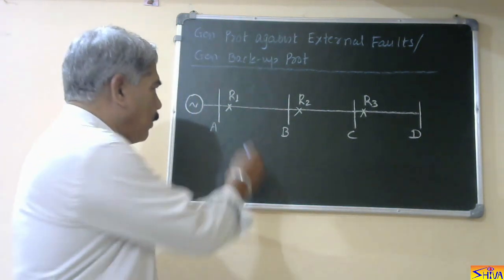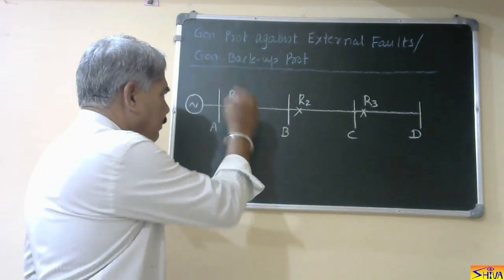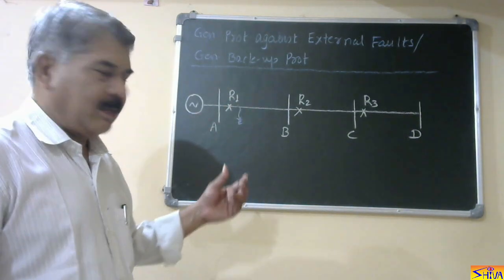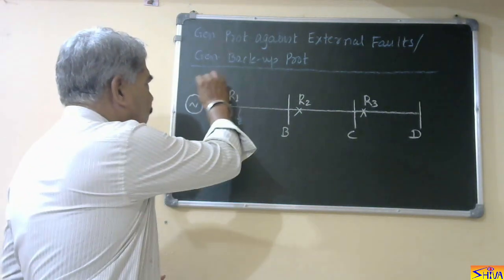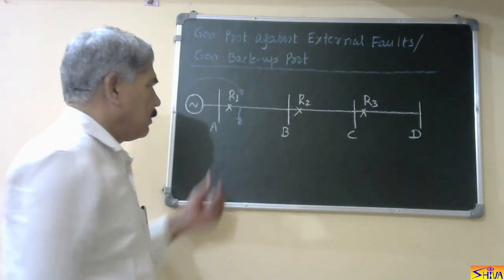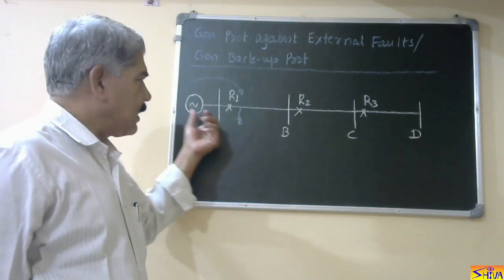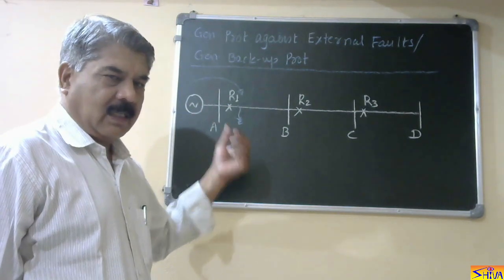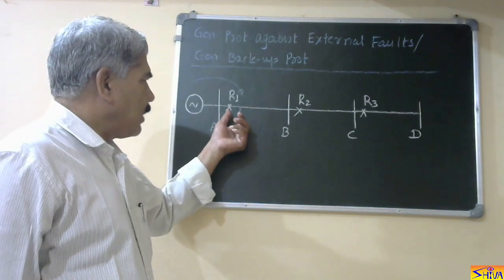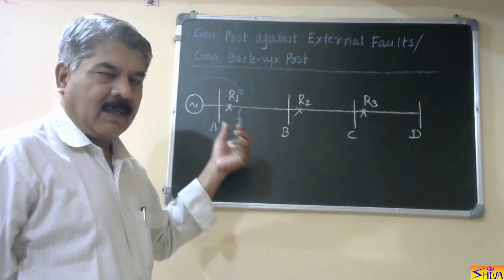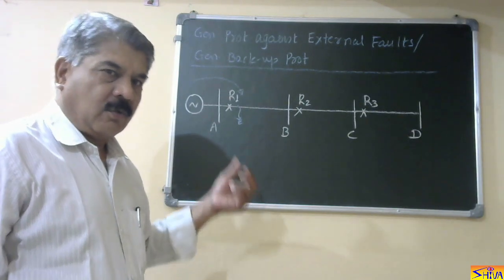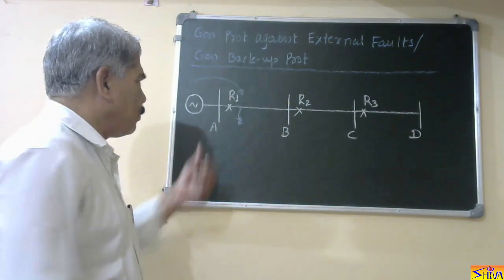Now suppose fault takes place here, that is in line section AB, and R1 fails to operate. Then what will happen? This fault current, which is supplied by the generator, is continuously flowing through the generator. And as we are not providing any backup protection to R1, this fault current will damage the generator. So we have to provide backup protection to R1.